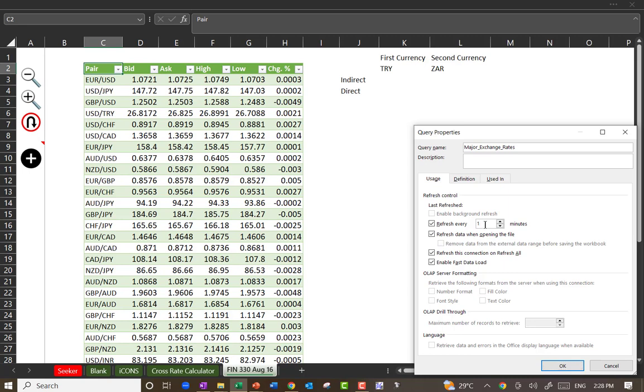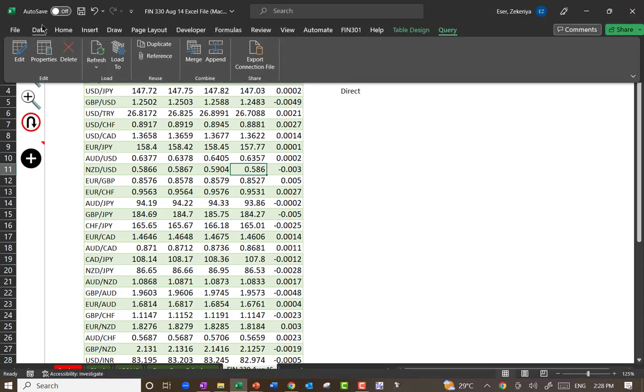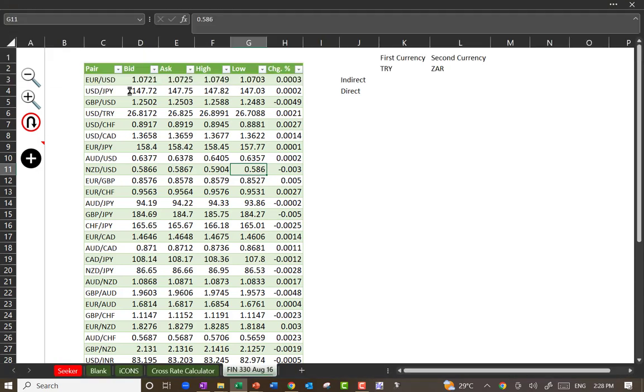If you're happy, you can do 15. But if you need it quickly, you don't want to wait 15 minutes, you can always go to the Data tab and hit Refresh All. As you can see, some stuff has just changed.